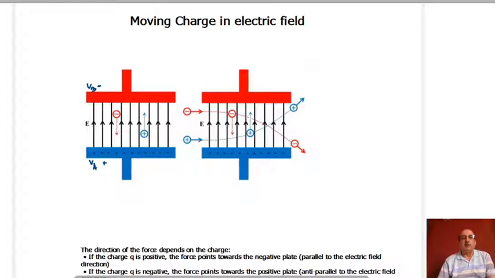The potential difference between these two plates, delta V, will be VA minus VB, and this potential difference is generally represented by V.